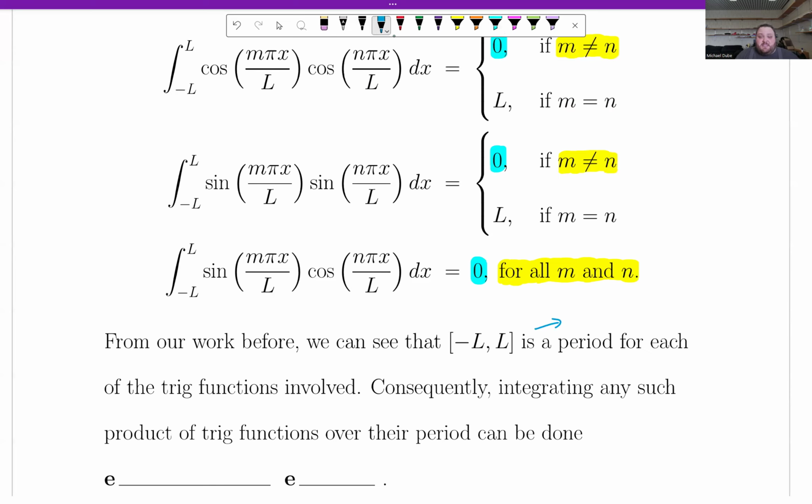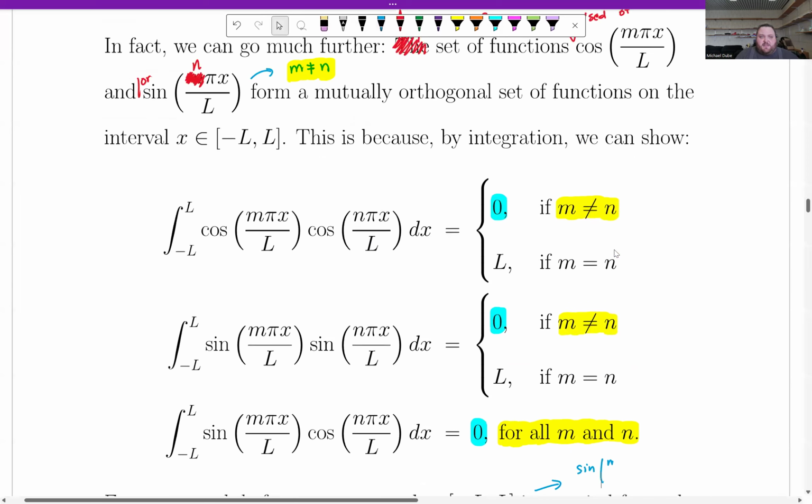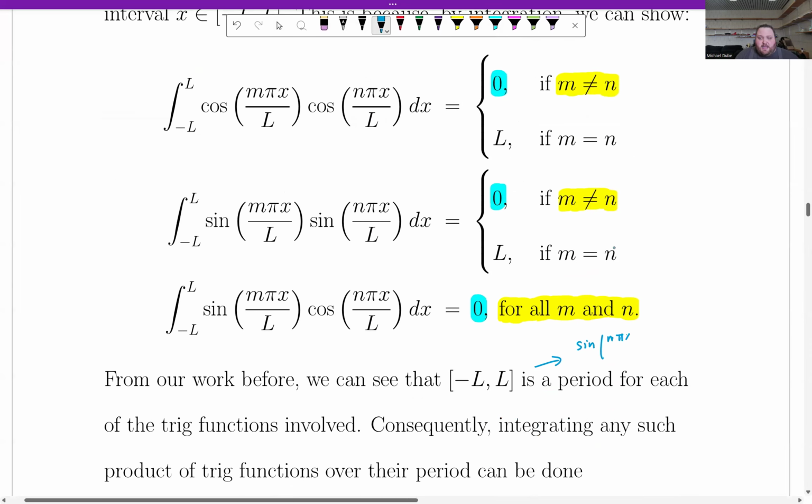That's because sine of nπx over L and cos of mπx over L have a period of 2L.